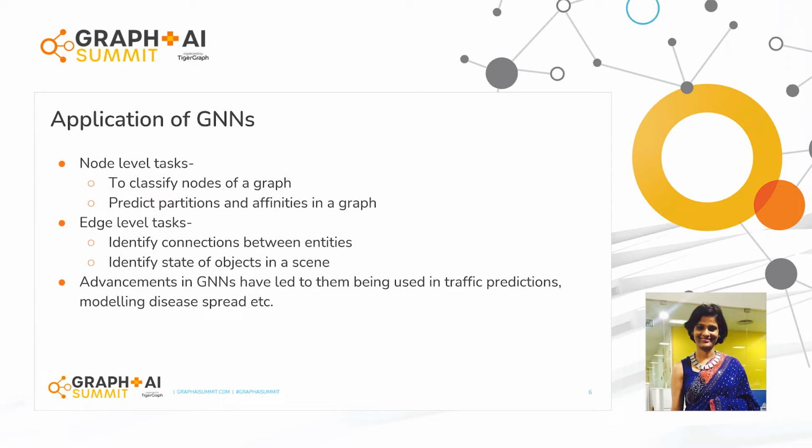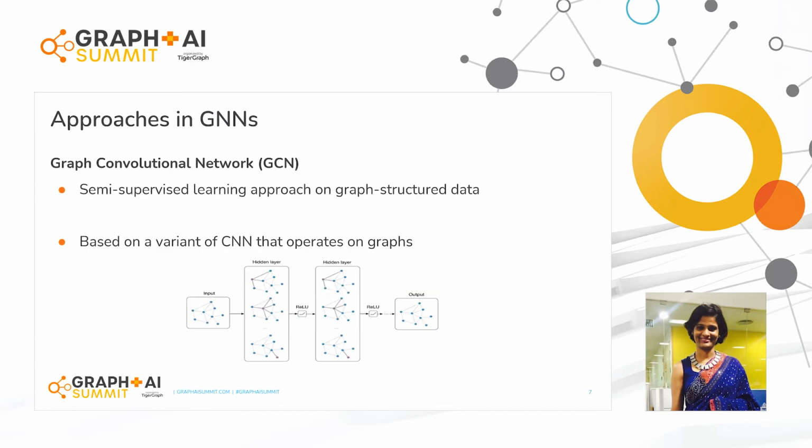Most of the edge level tasks are used to model social network interactions in a social media network, or to model criminal associations, or to model recommendation engines. These are all applications of edge level tasks. In addition to these kinds of tasks, graph neural networks are used in a variety of applications like traffic prediction, modeling disease spread, etc.